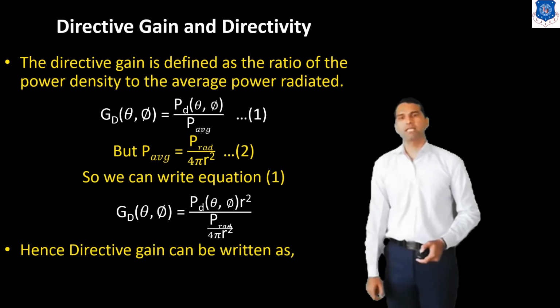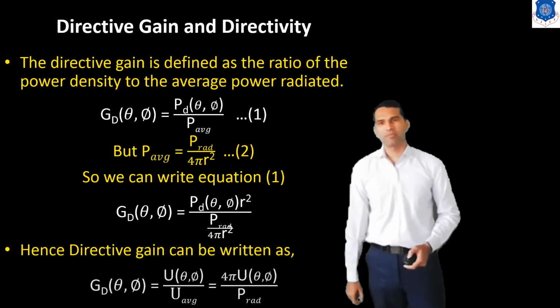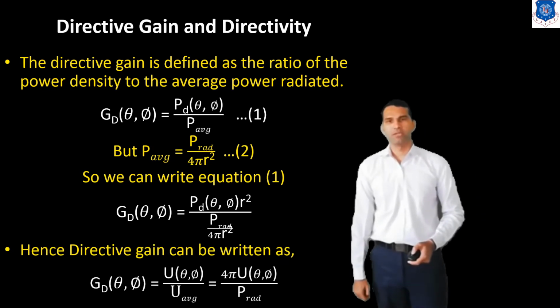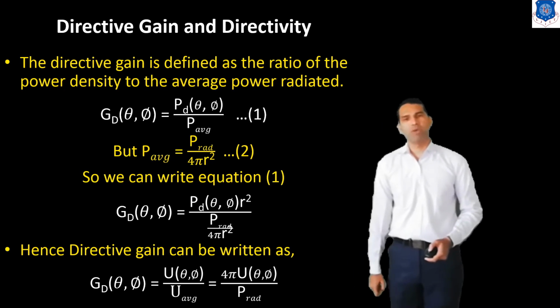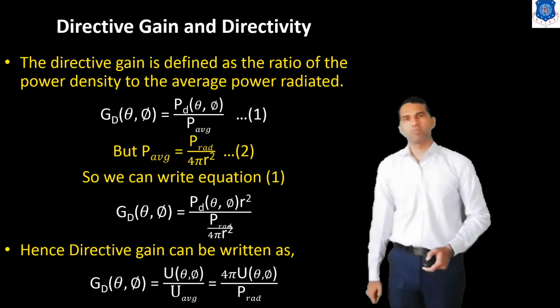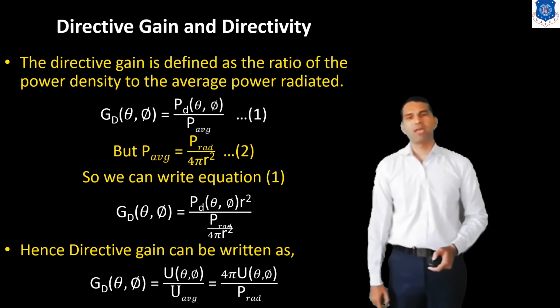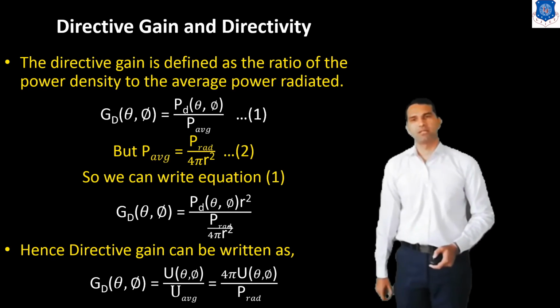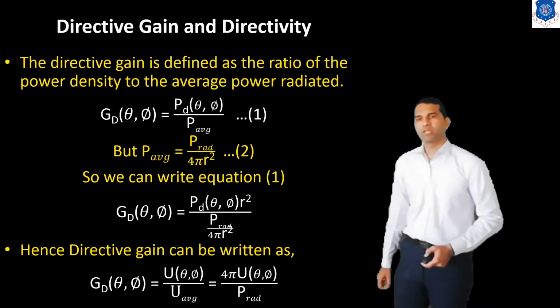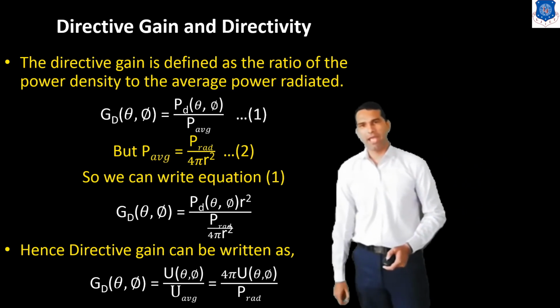Hence the directive gain can be written as G_D(θ,φ) equals U(θ,φ) upon U_average, which is nothing but 4π U(θ,φ) upon P_radiate. So this is the radiation intensity and gain.